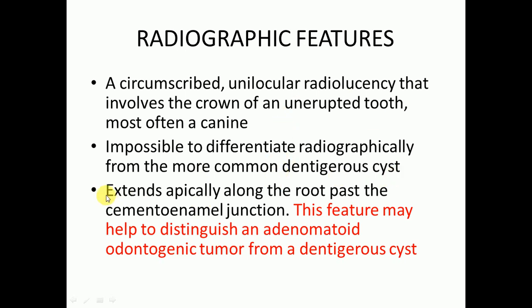But on the basis of this point, which I will tell you now, you can differentiate dentigerous cyst from adenomatoid odontogenic tumor. It extends apically along the root past the cemento-enamel junction. This feature may help to distinguish an adenomatoid odontogenic tumor from a dentigerous cyst.